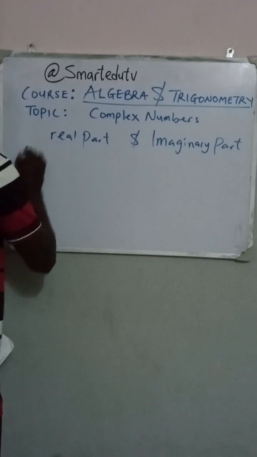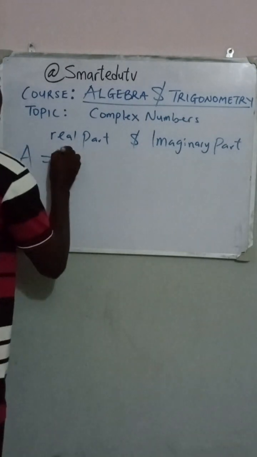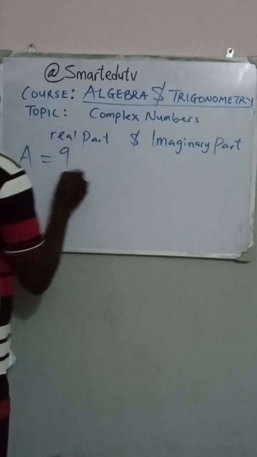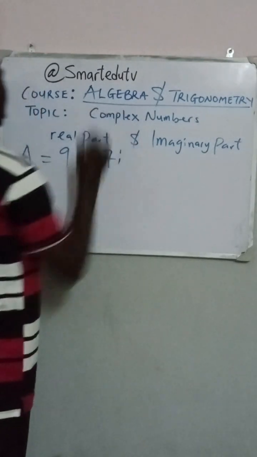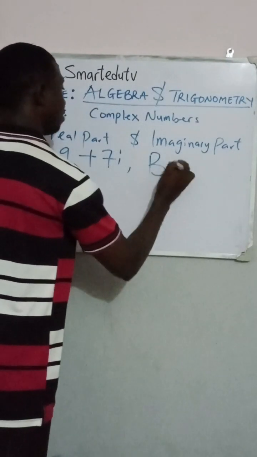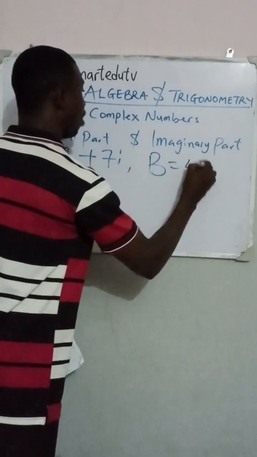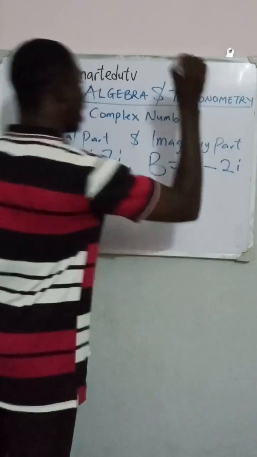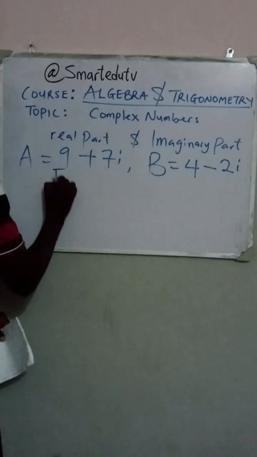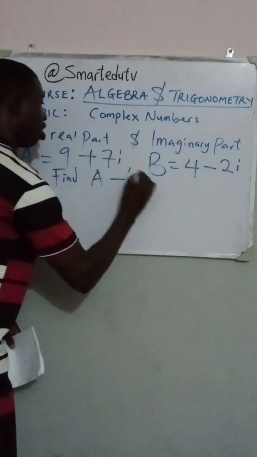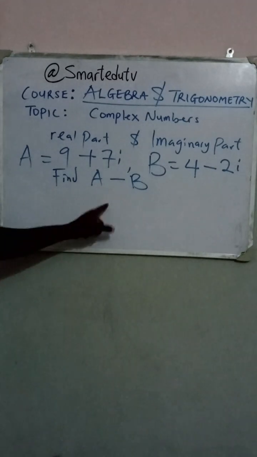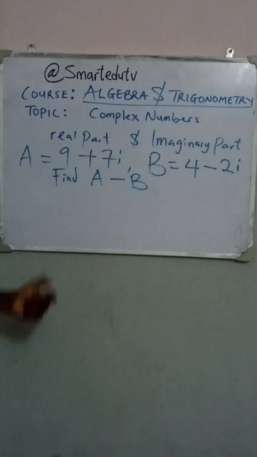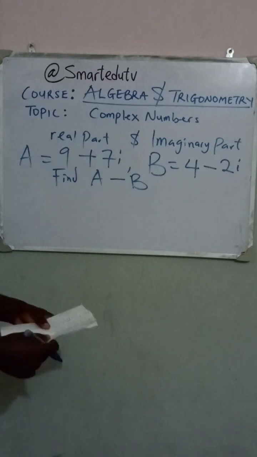If A is defined as 9 plus 7i and B is defined as 4 minus 2i, I want to evaluate A minus B. Find A minus B. It means I want to find the result of A minus B. I want to subtract B from A.